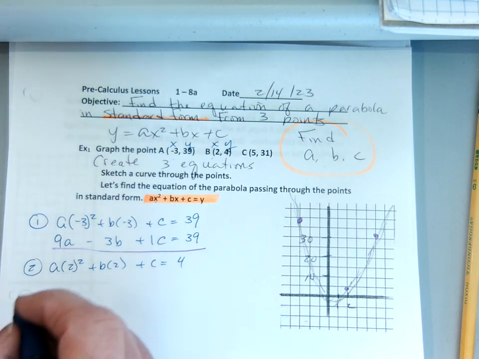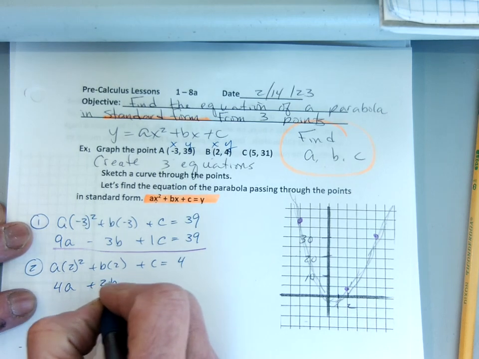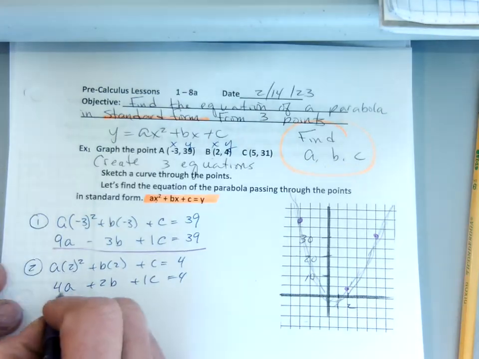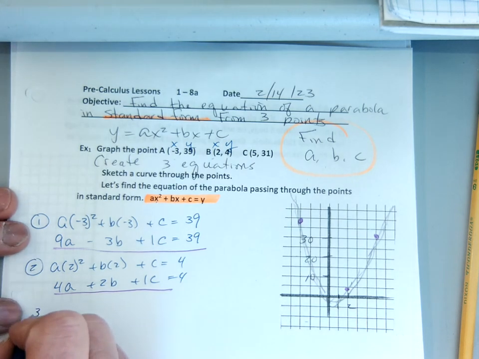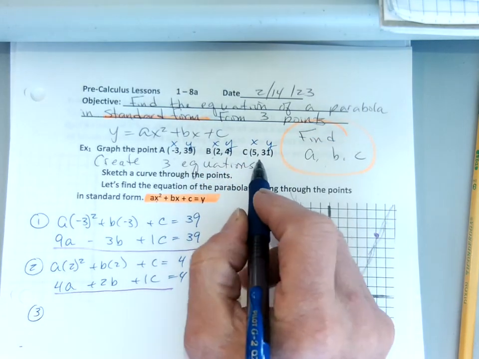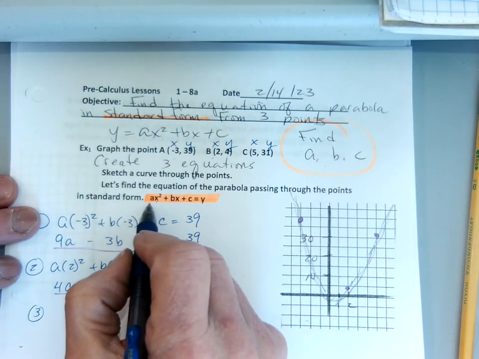Okay, good. So if I simplify this, I'm going to have 4a plus 2b plus 1c equals 4, okay? It's equation 2. Okay, good. I'm going to come back to that, okay? And of course, equation 3, I will make from point C, doing the same exact process. Every point has an x and a y, so the 5 is my x, my 31 is my y, so I'll plug both of those in for my x squared plus bx plus c.